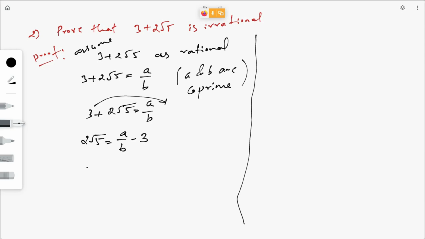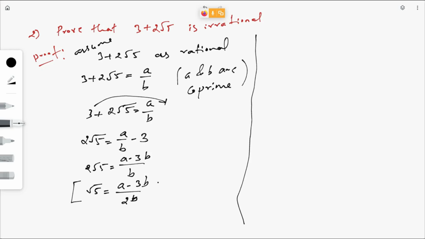Am I audible? Yes, sir. If you take the LCM, b, you get a minus 3b. Yes or no? Okay, in the next step, take this 2 to the denominator. So root 5 is equal to a minus 3b divided by 2b.